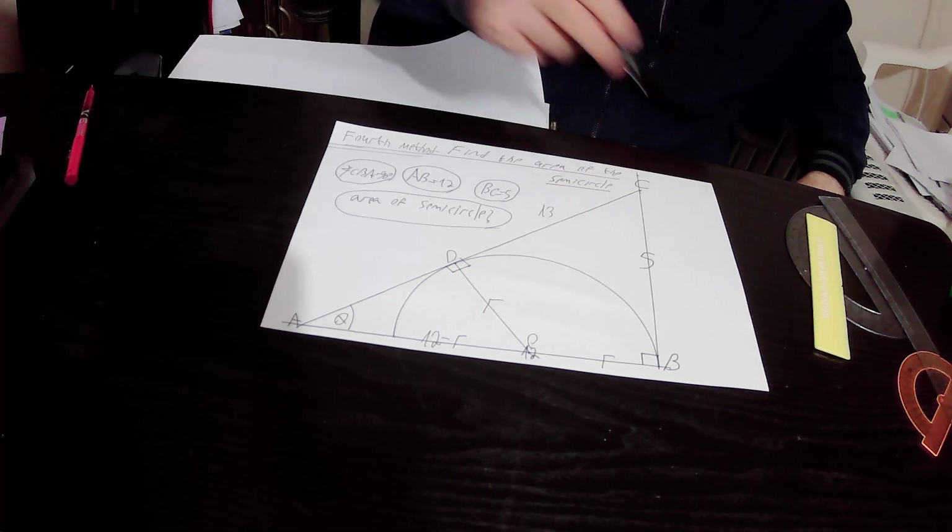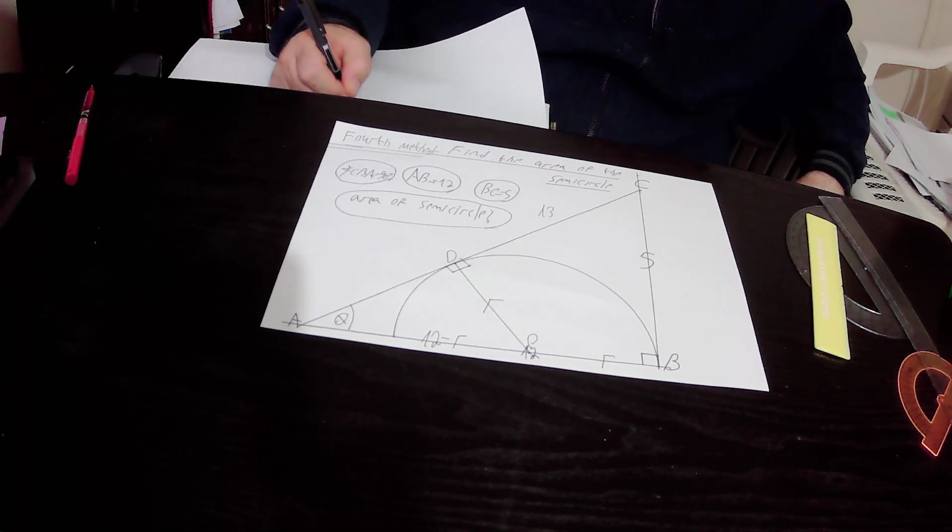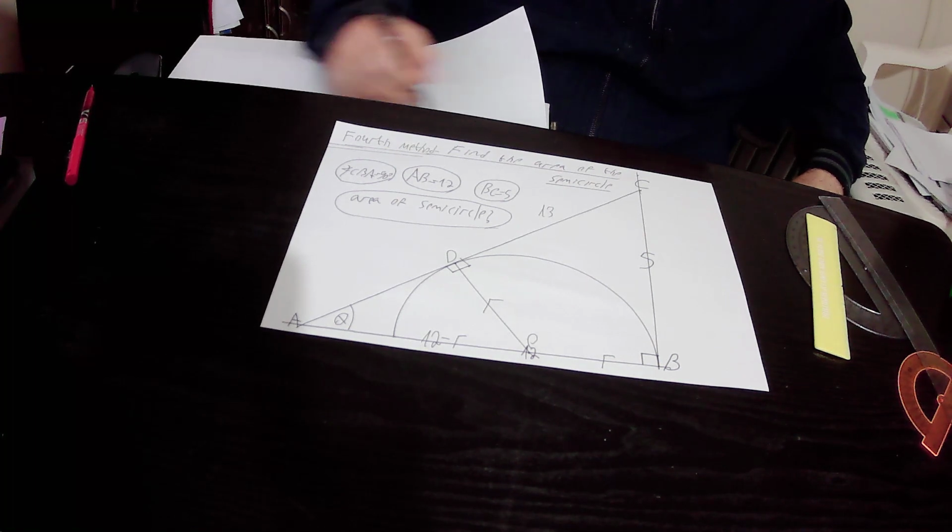CB equals 5 units, and we have already found out that AC equals 13 units. So according to equation number 1, sine theta equals 5 over 13.